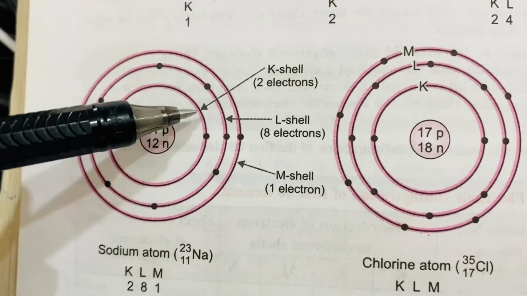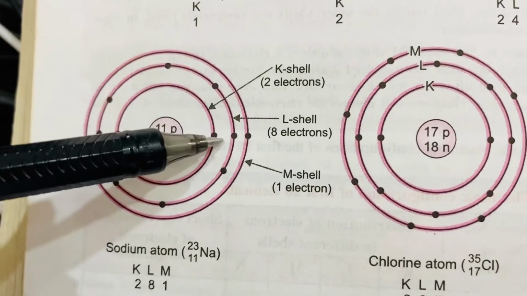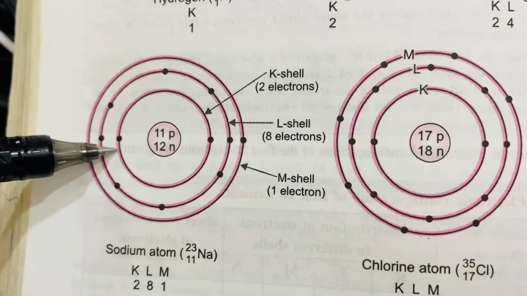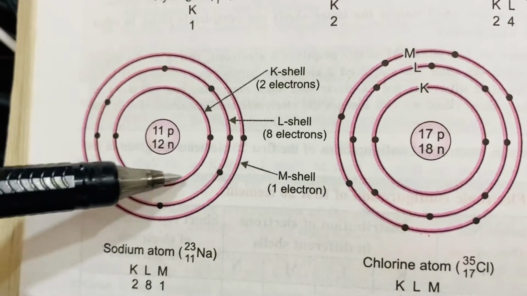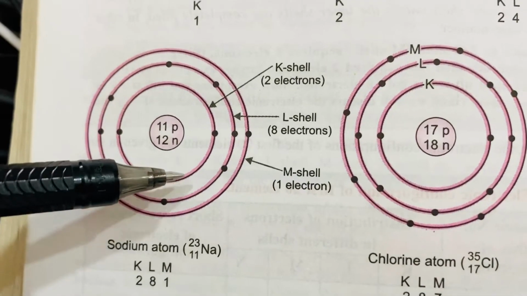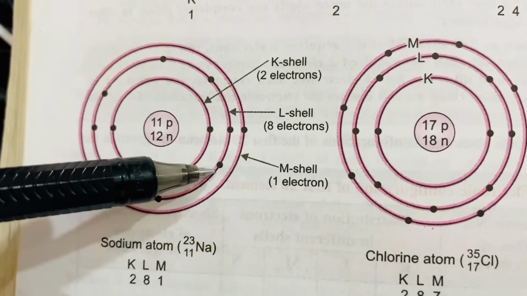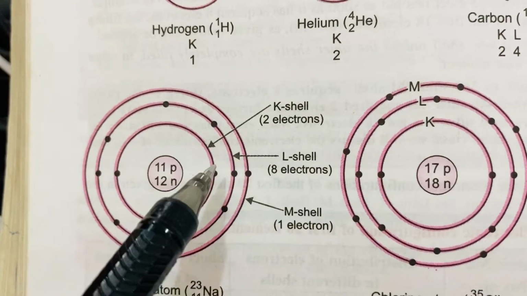Around this nucleus, there are different shells called energy shells. In these shells, electrons are placed, and these electrons are continuously revolving around the nucleus in their fixed orbits or paths. There are various shells like K shell, L shell, M shell, and these shells can accommodate some electrons.